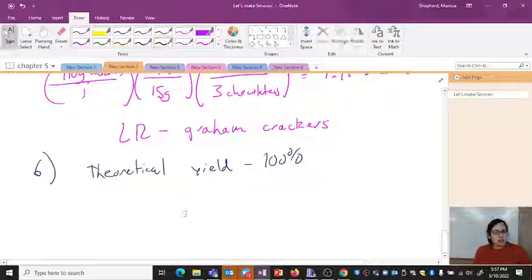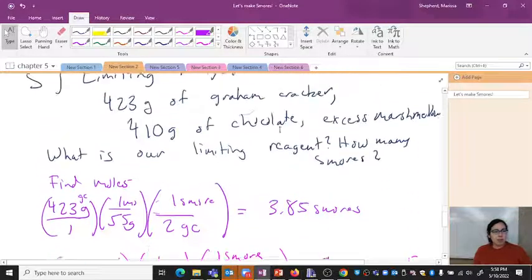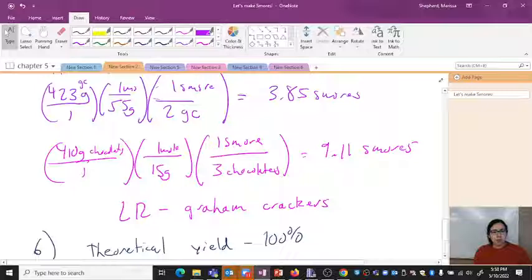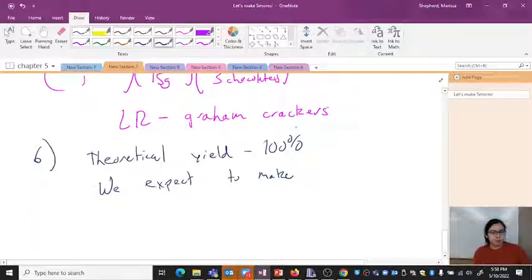And so we'll do a really easy problem. Let's say we were looking at this previous problem, and we were expecting to make, let's just say, 3.85 s'mores. So that was our theoretical yield.